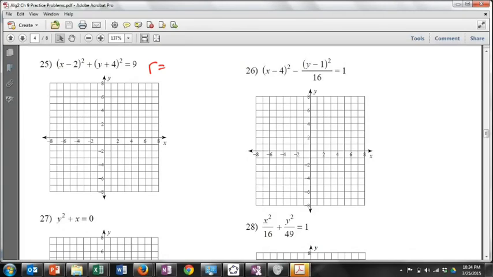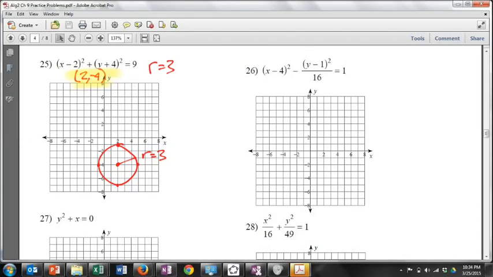So r is equal to 3. The center of this circle will be at 2, negative 4. So I go to 2, negative 4. I go up by 3, across by 3, and I make my circle with radius of 3. R is equal to 3. And I've already specified the center right there.